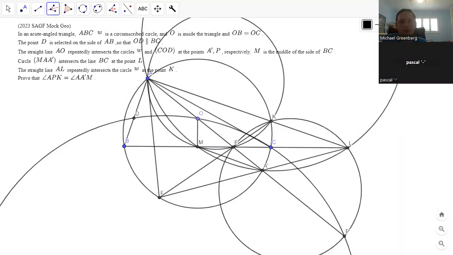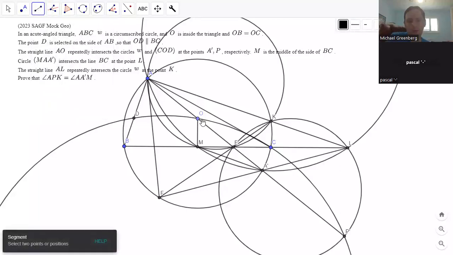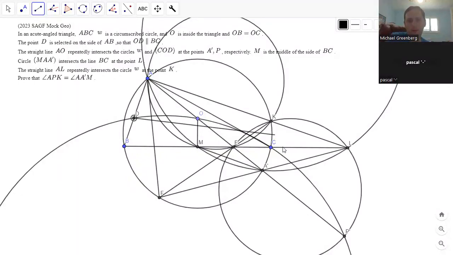So angle ODC, we could try to show as angle DCB. So ODC is OPC. So we want to show OPC is OCB. So I think it's the same as showing OPC we want to show is DCB.